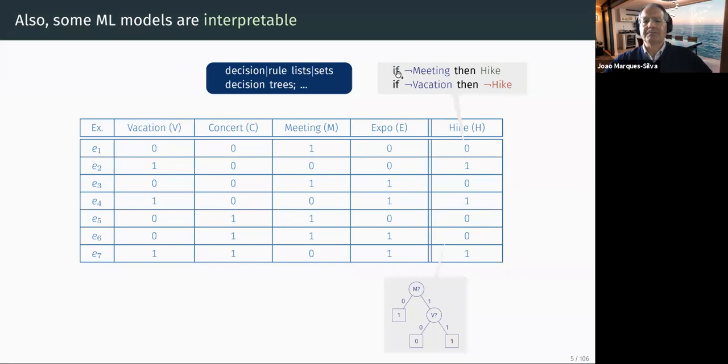For this data set that is shown here in the table, we can learn these two rules. If not meeting, then we take a hike. If not vacation, then we don't take a hike. For the same data set, we could learn a decision tree. Here, we have meeting or not, and vacation or not, and we have different predictions, whether we take a hike or not.